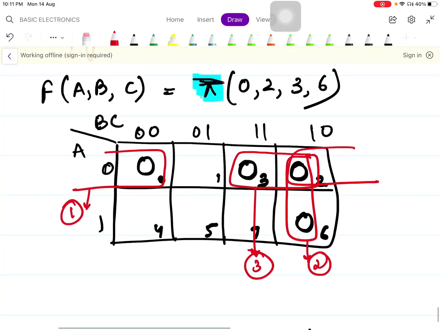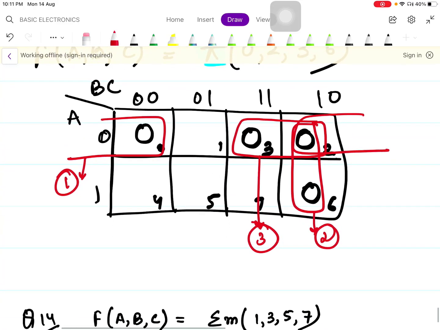Okay. Now let's write down the answer, which is the most important part. So for the first group, that is the corner ones, that is the cell number 0 and 2, first of all, I will move to the variable A. And according to sum of product, my answer would have been from A bar. All right.